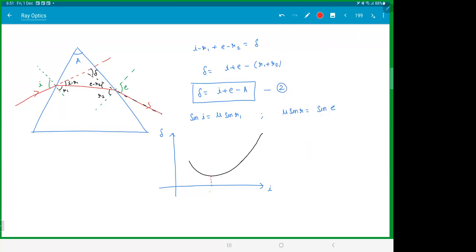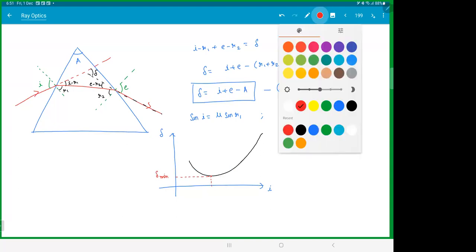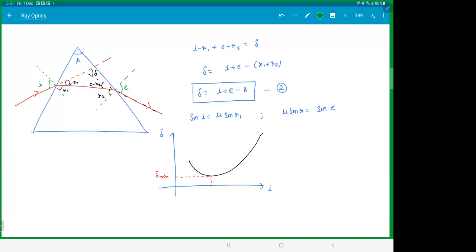So at this point here, we get the minimum deviation. In the IIT first year physics lab, this experiment is there. You have to find mu from here. And you'll observe, you get the same deviation for two angles.